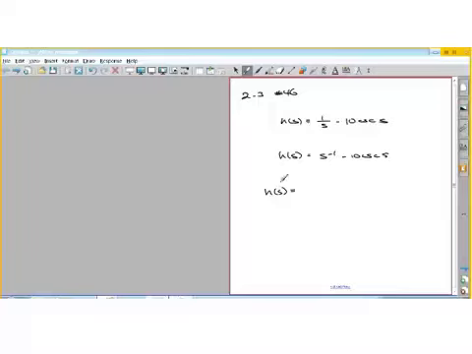So when we take the derivative of s to the minus 1, you get negative 1 s to the minus 2. And the derivative of the cosecant is actually negative. So if you go to the book, you'll see it's negative the cosecant of s times the cotangent of s.